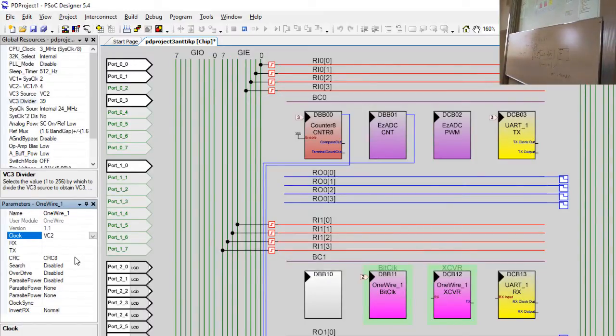One wire is a fixed bit rate protocol. It has only one correct bit rate. The UART, or this old-fashioned asynchronous serial port, there you have multiples of 300 bits per second, or, well, actually, 2 to the power of n times 150.